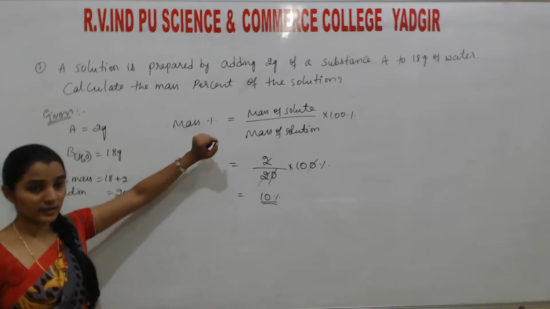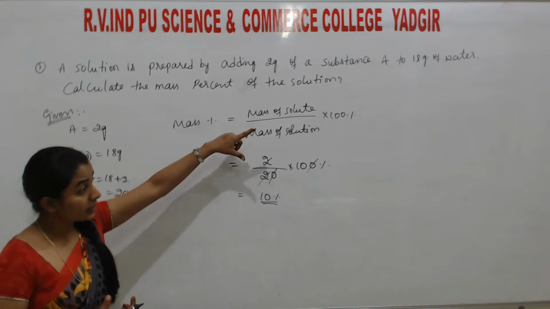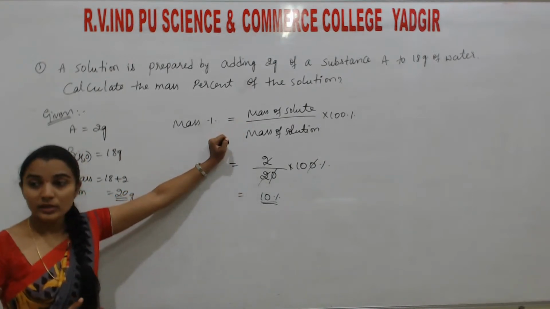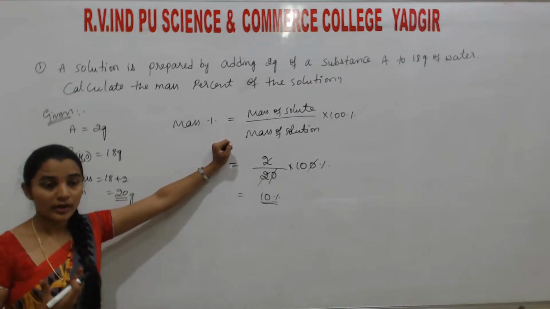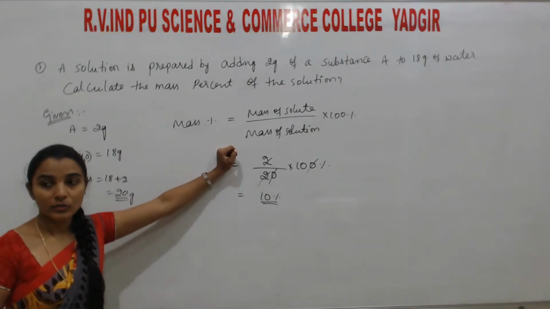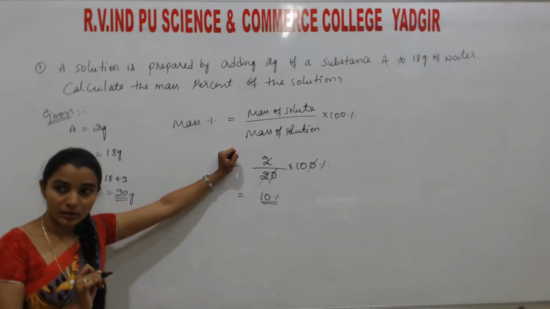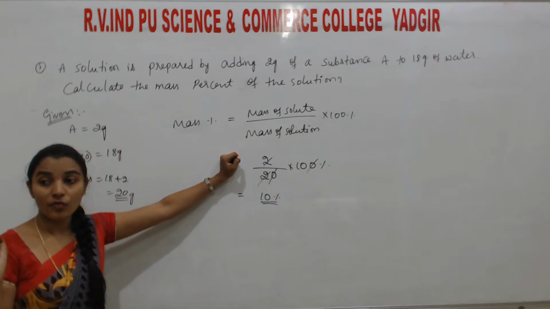Understand? So it is a 10% solution. If 2 grams of substance A is dissolved in 18 grams of water, that forms a 10% solution. As I told you, 10% glucose means glucose dissolved in water to make 100 grams of solution.